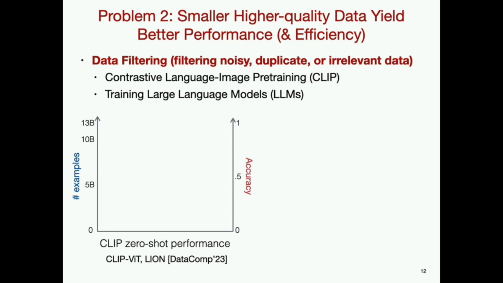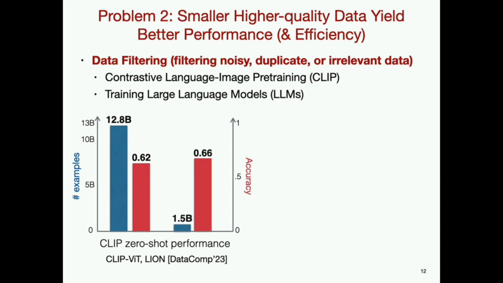For example, I show you two examples. One is CLIP, training the multimodal vision language models. If you look at some results from DataComp, you see that if we train CLIP on 12.8 billion image-caption pairs, we get this accuracy, which is around 62 on ImageNet, zero-shot classification accuracy.